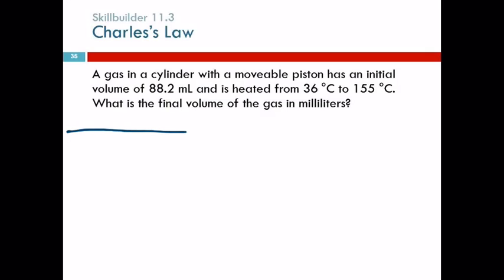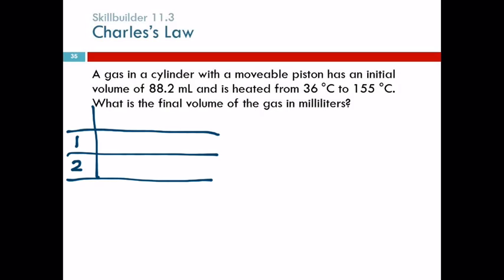So I'm going to draw a table, and I'm going to have row 1 and row 2. I'm going to read through the question, and when I come to the first number, I get 88.2 milliliters. So I'm going to write that down with its unit, 88.2 milliliters. And that is a volume, so I'm going to title this column volume.